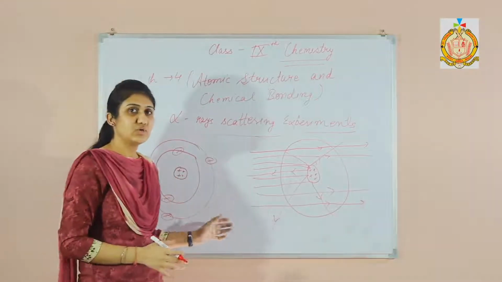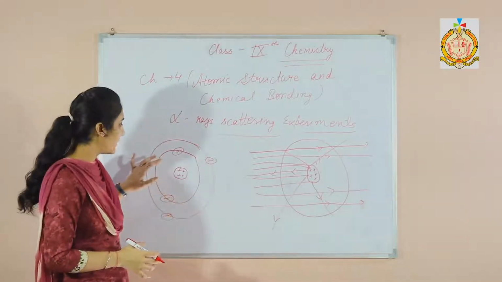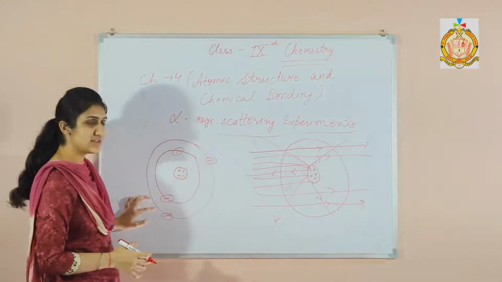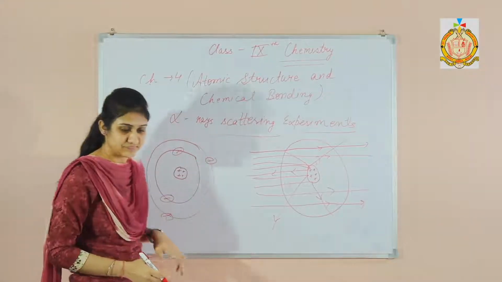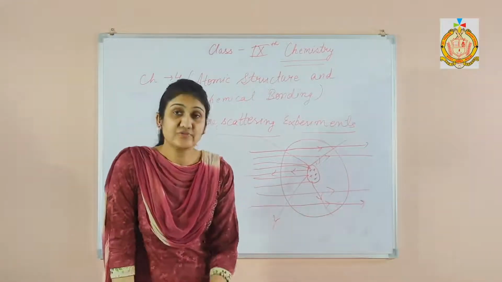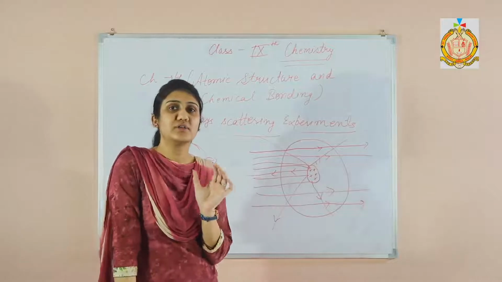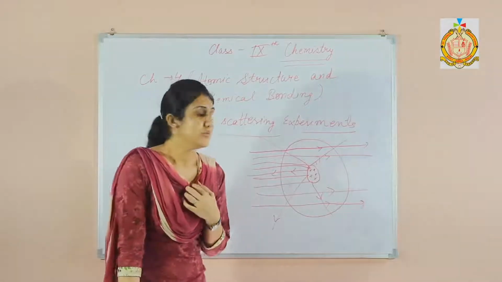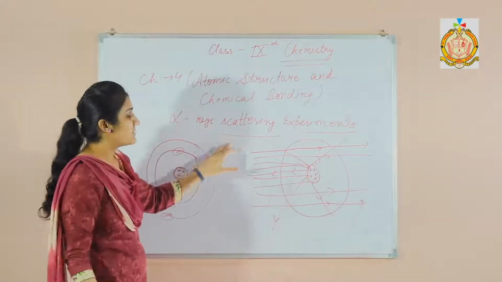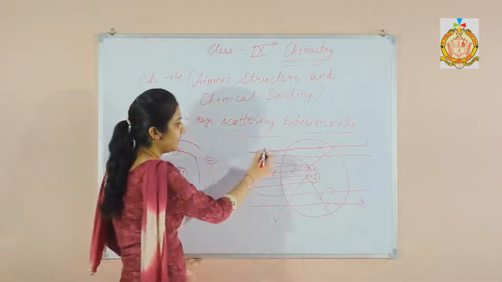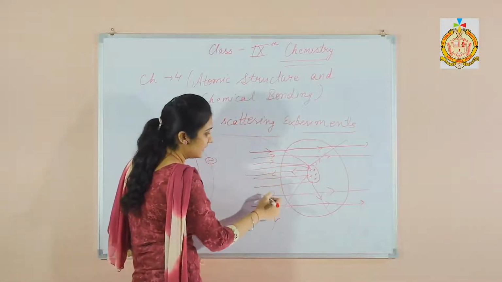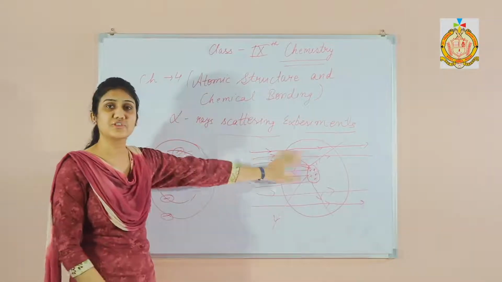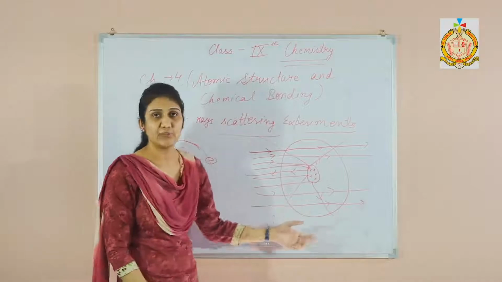So the atom as a whole is neutral because it has positive as well as negative charge. The size of the nucleus is very small according to Rutherford's atomic model, because most of the alpha rays pass directly through the atom, indicating that most of the space in the atom is empty.